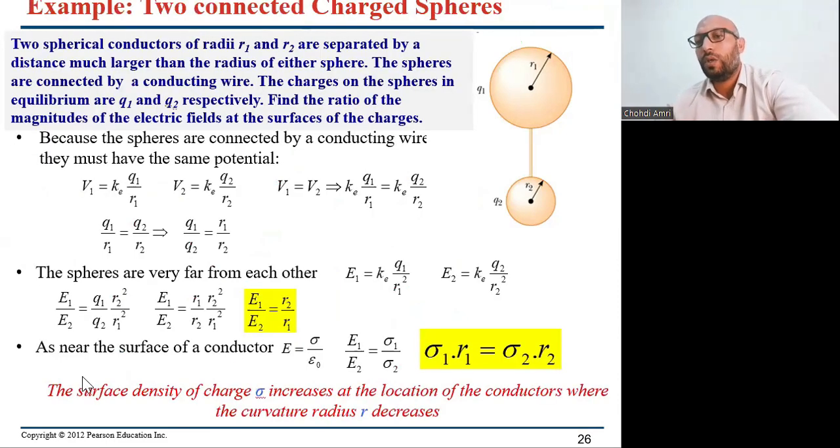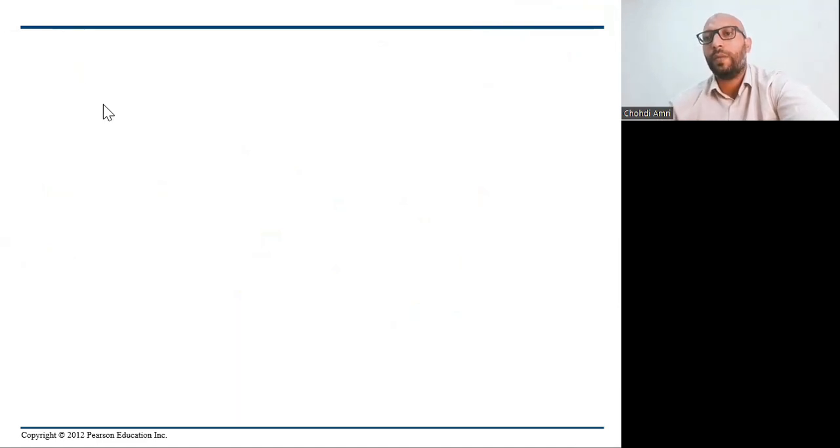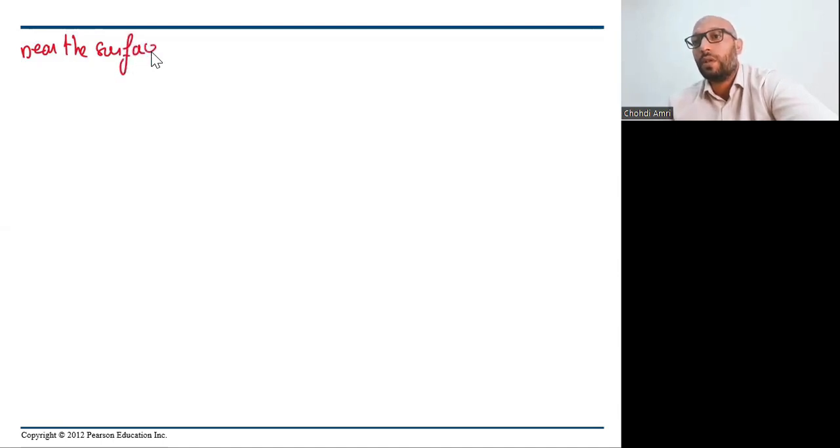Okay, we are done. Near the surface of the conductor, we want to write an equation for the relationship between sigma 1 and sigma 2, the surface charge density on sphere 1 and the surface charge density on sphere 2. Near the surface of the conductor, the electric field equals sigma over epsilon naught.